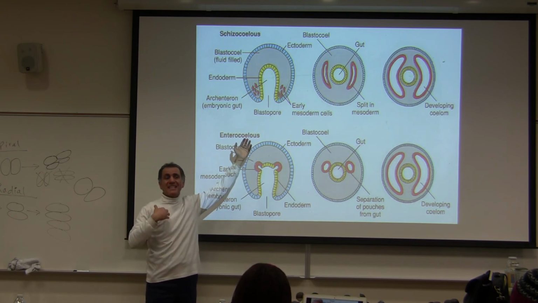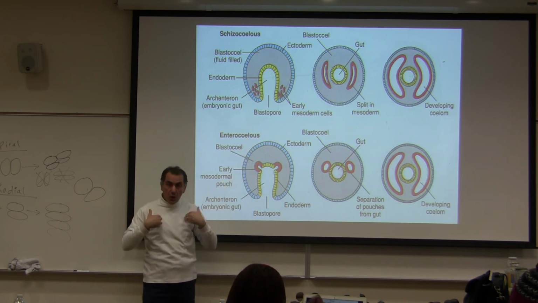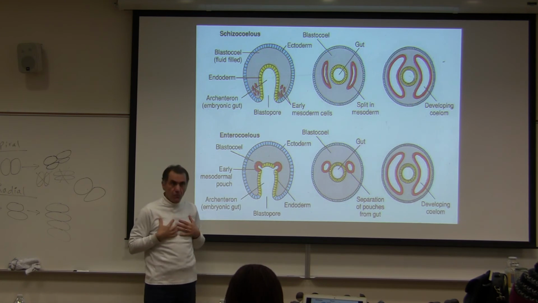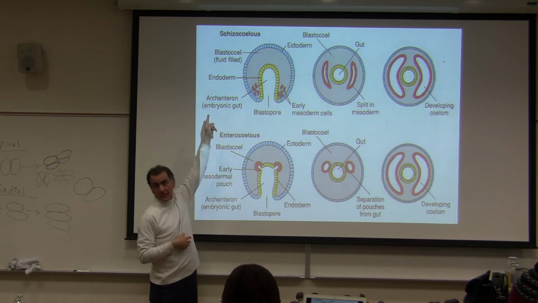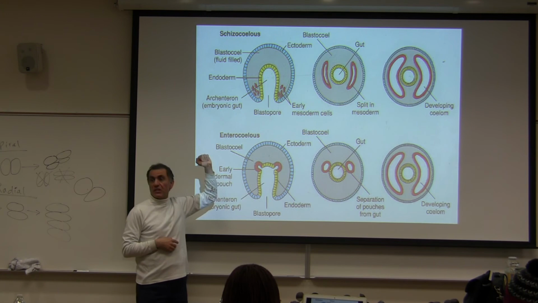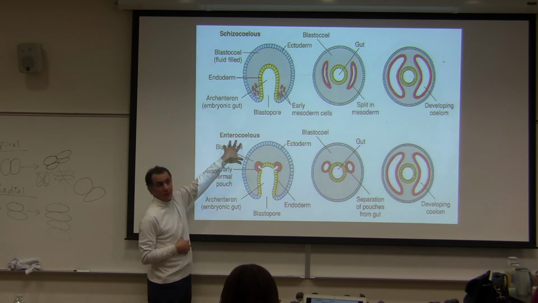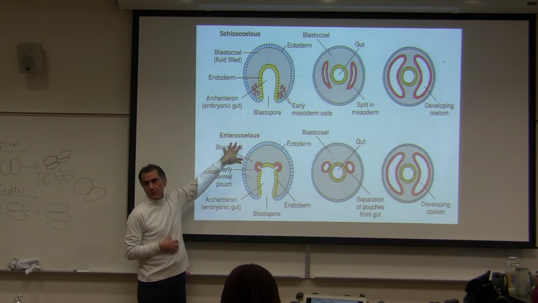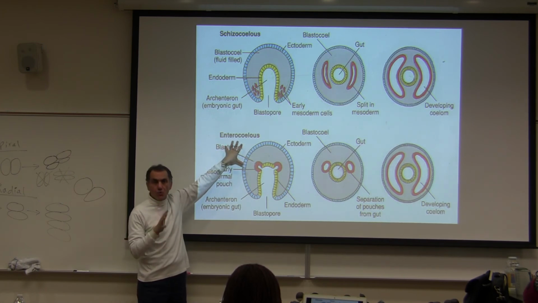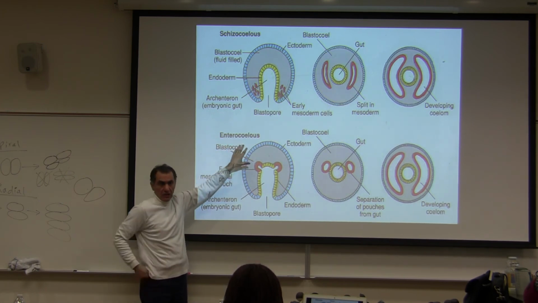We are an exception to the rule. We are deuterostome, but we are schizocoelous. Animals that are deuterostome, like starfish, are enterocoelous. That's a general rule.